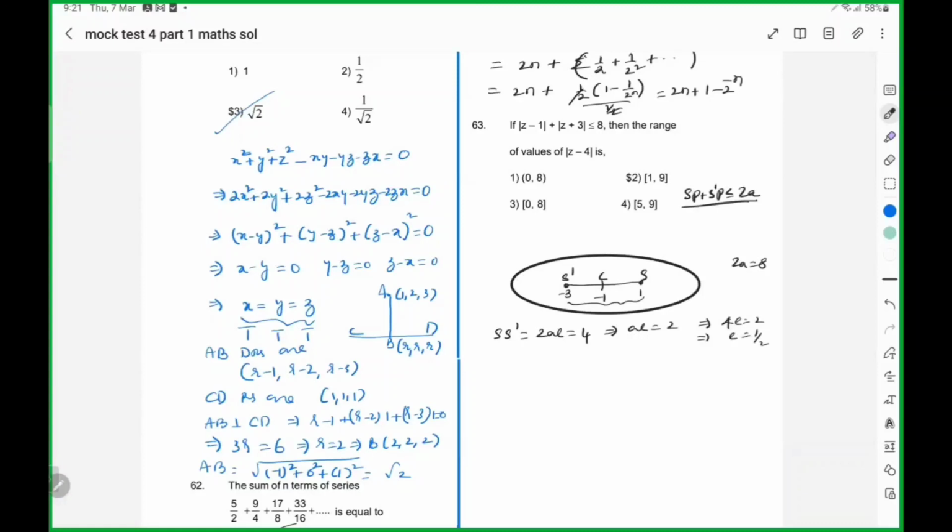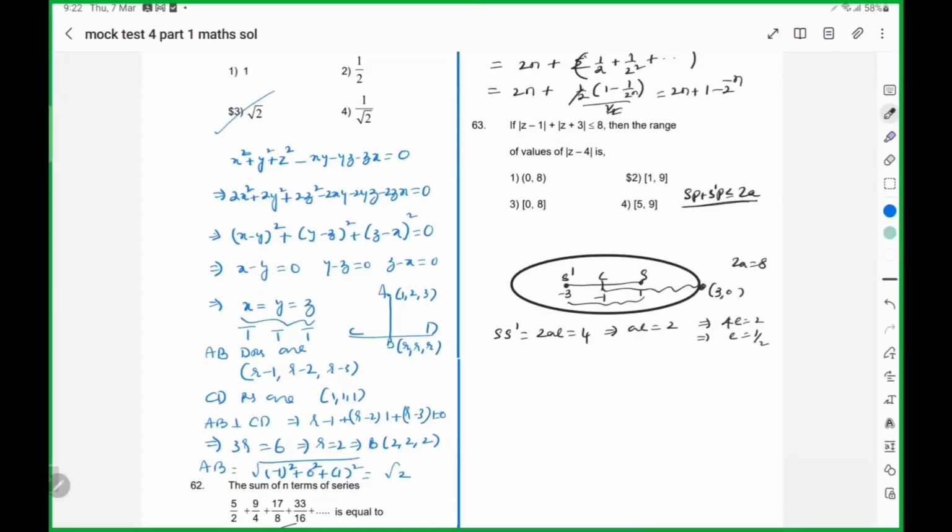So definitely it represents the ellipse internal region, so all z's are within the region. So 2a is equal to 8 means a is 4. Center to this is 4, which means this must be (3, 0), that is 3 minus of minus 1.